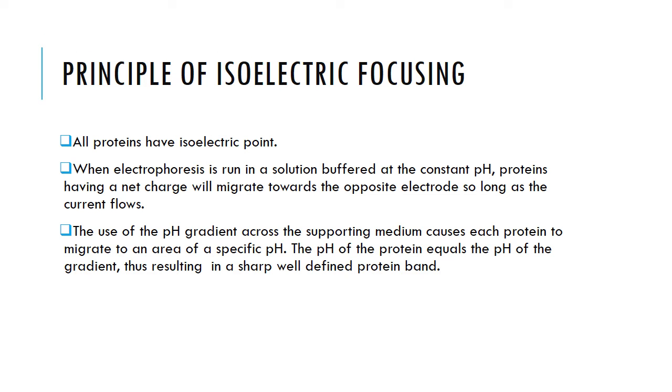Let's say that we use a pH gradient across the supporting medium, which is going to cause the protein to migrate to an area of a specific pH. The pH of the protein equals the pH of the gradient, thus resulting in a sharp, well-defined protein band.